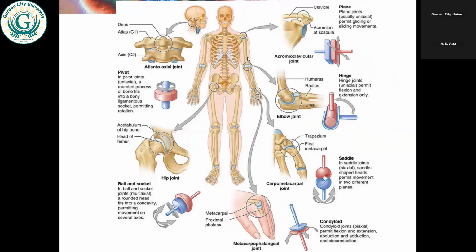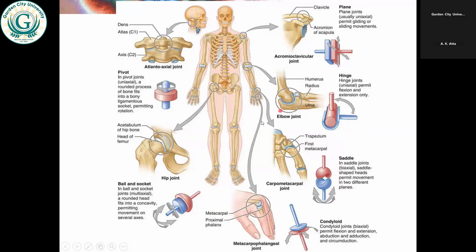Then you have a hinge joint, like the traditional door that has a hinge. When you open it, you can open it on one side, you can open it on the other side. A typical example is what you are having here. The joint between the trochlea of the humerus and the trochlear notch of the ulna is a hinge type of joint.